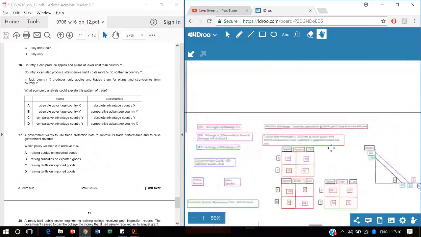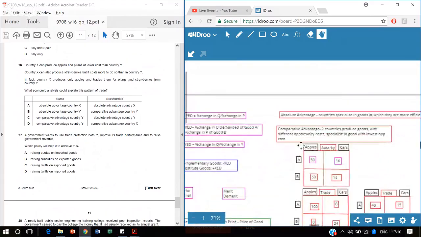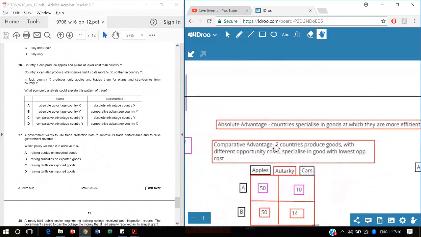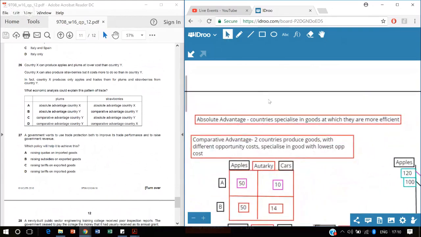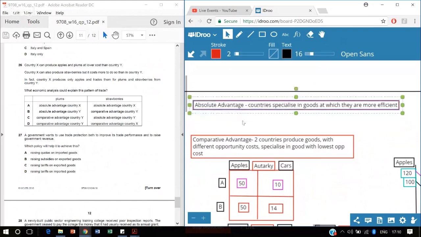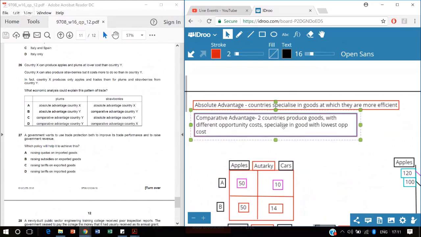Okay. If I give you these two definitions here: absolute advantage is countries specializing in the goods at which they're more efficient, so they can literally make it cheaper than the other country. Whereas comparative advantage is specializing in the good in which you have a lower opportunity cost than the other country. Okay?